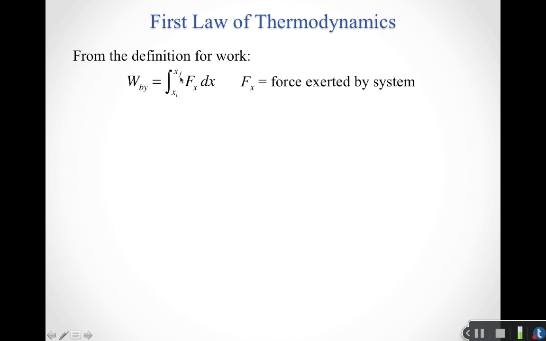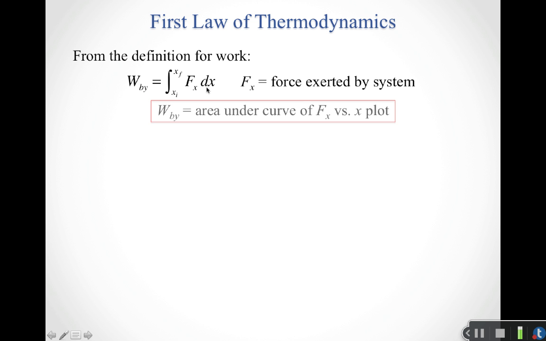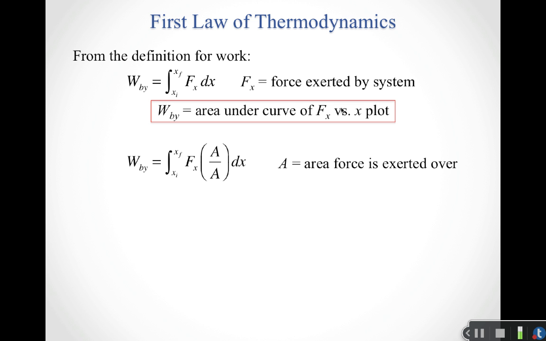So from our definition of work, we know that we can calculate the work done by the system to be an integral from some initial to some final position of the force exerted by the system times our little differential displacement. Graphically, this equation tells us that the work done by the system is just the area under the curve of a force versus position plot.